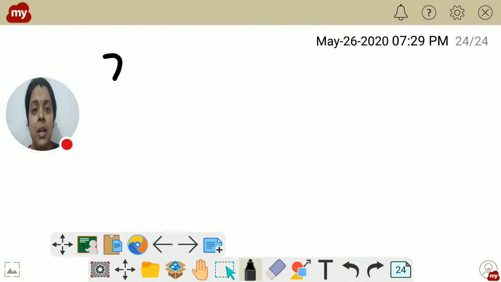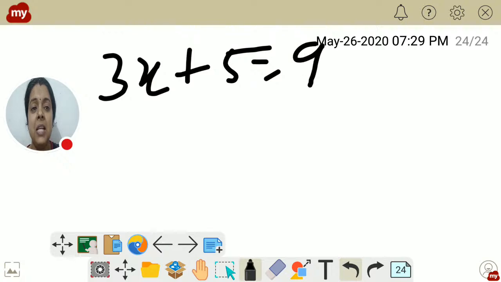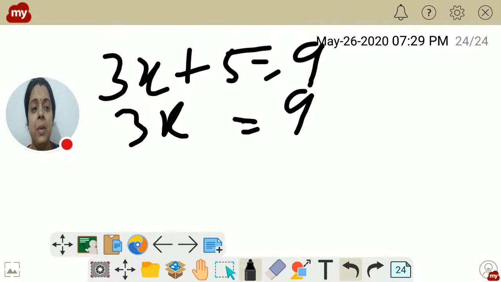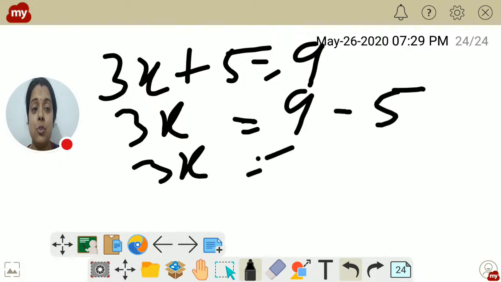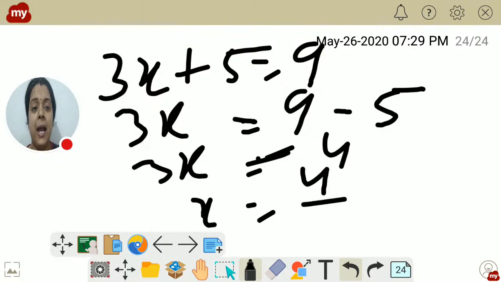Just giving you the example again, how to do it. Plus will become minus, step by step, one friend first out. So 3x is equal to 4, because I have to solve it, that's why I wrote 3x as it is. So x is equal to 4 by 3.